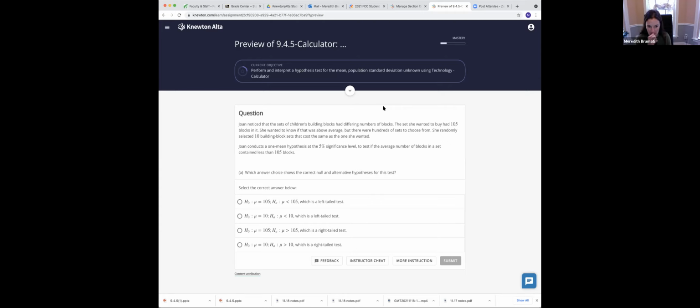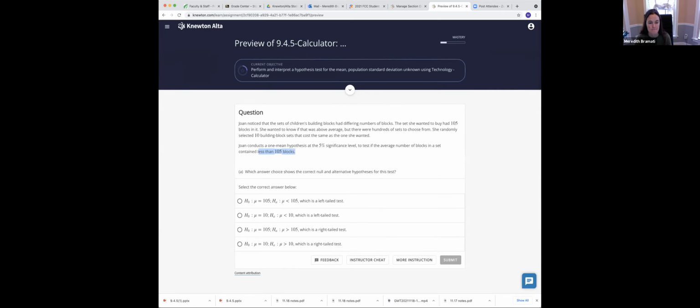Joan conducted a one mean hypothesis test at the 5% significance level to test if the average number of blocks in a set contained less than 105 blocks. So which one of these is our correct null and alternate hypothesis and the tail? Is it 1, 2, 3, or 4?